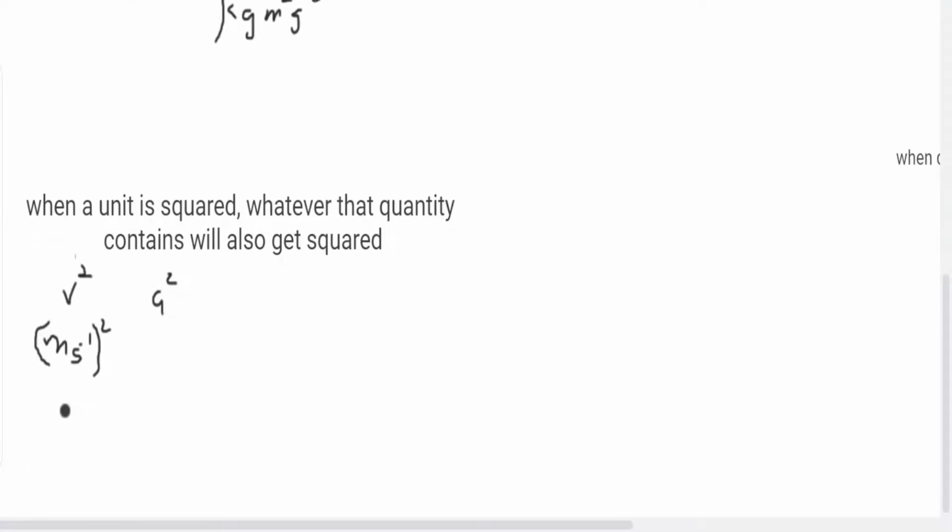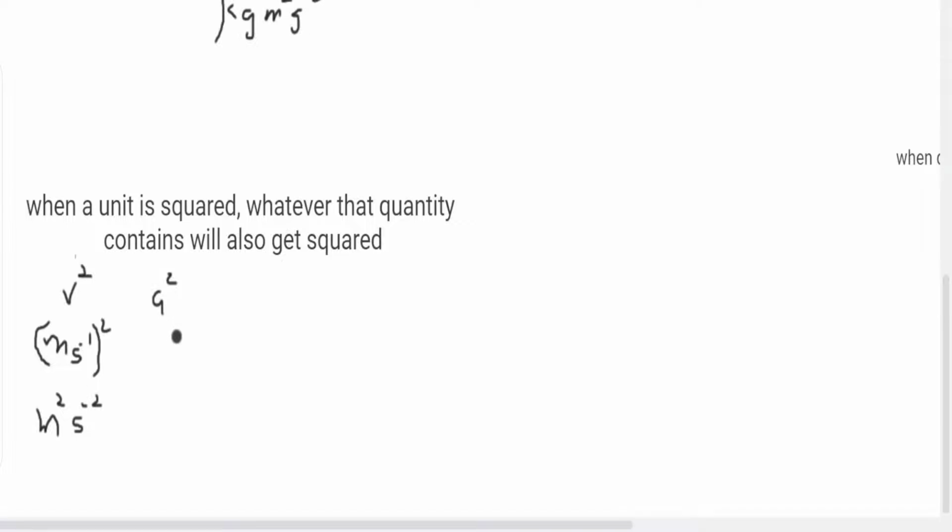For example, when meters is squared, this m will get a 2, and when this s is squared, it already has a negative 1, so this negative 1 gets multiplied by the 2 and this becomes m^2 s^-2.